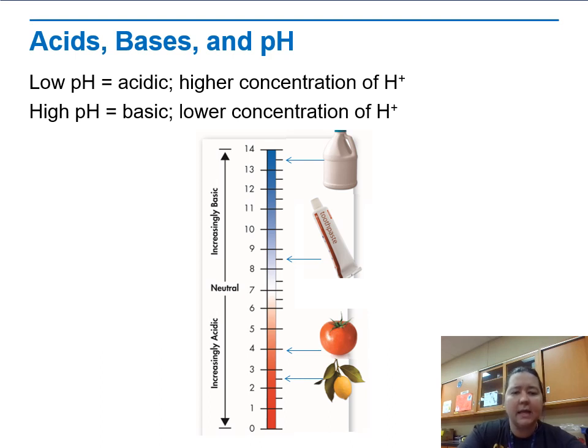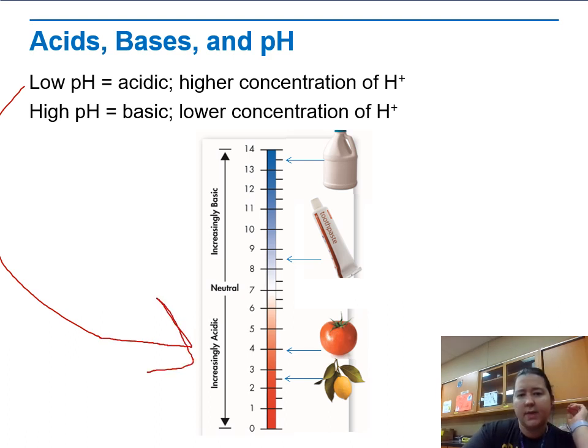Last but not least, we're going to do a little bit of refresher about the pH system, or the pH scale. We're going to work with this in class, but lower pH is acidic, so down here, the bottom part, usually 0 to 7. And then high pH, 7 to 14, is basic.